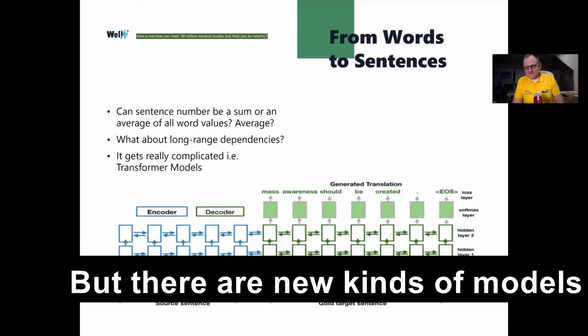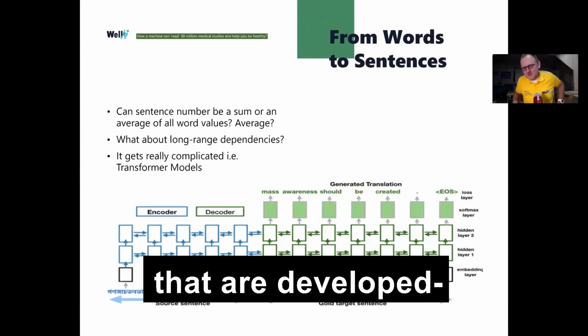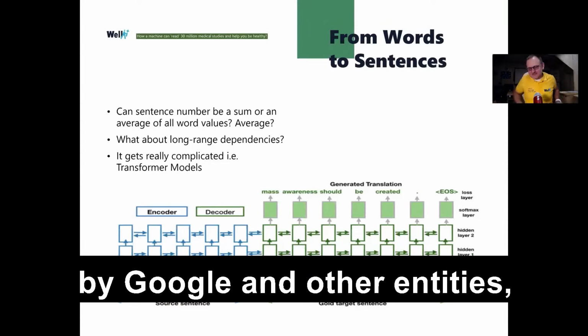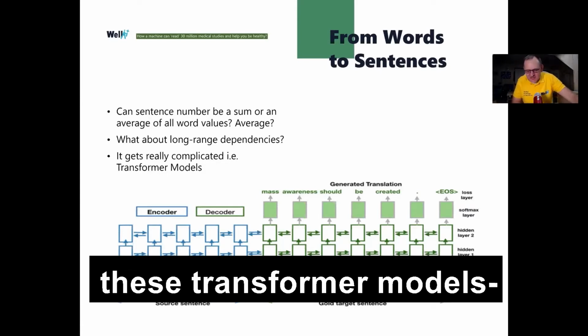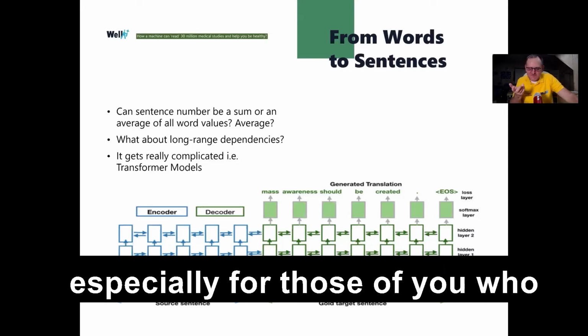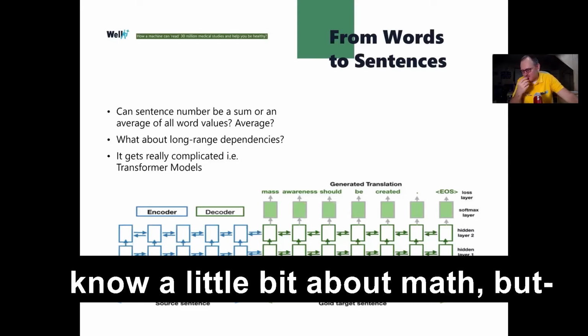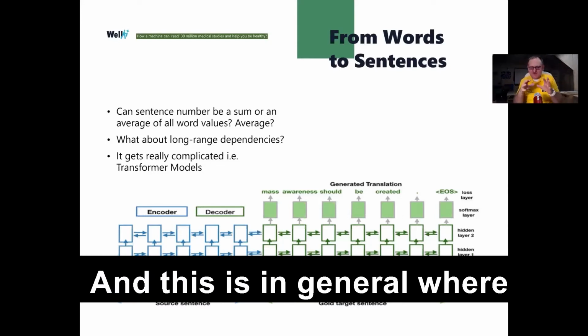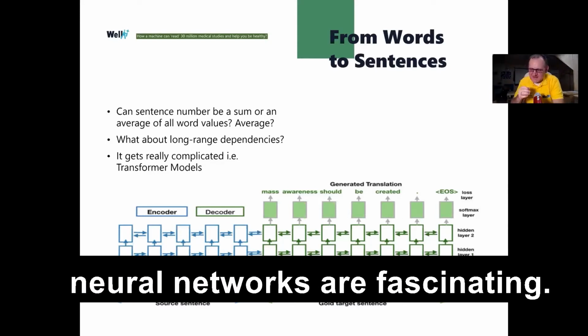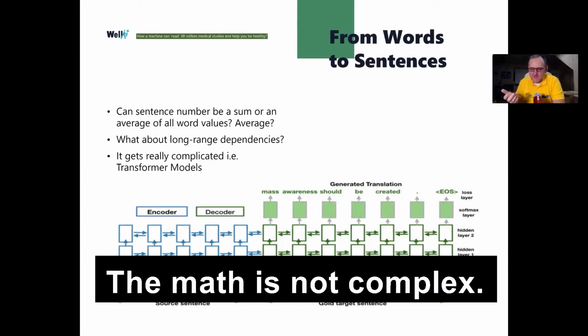But there are new kinds of models developed by Google and other entities called transformer models. You will hear that. Really, with these transformer models, especially for those of you who know a little bit about math, you shouldn't think about complicated formulas. And this is where, in general, neural networks are fascinating. The math is not complex.